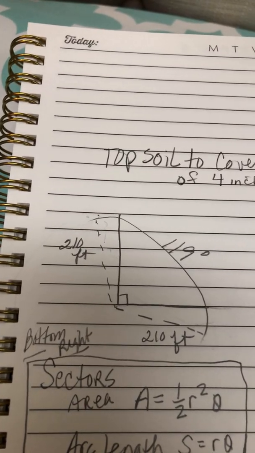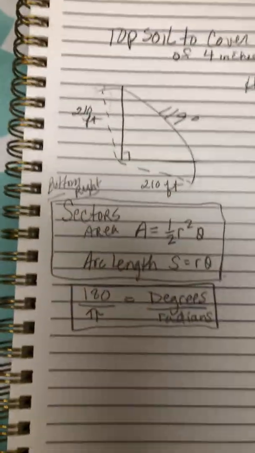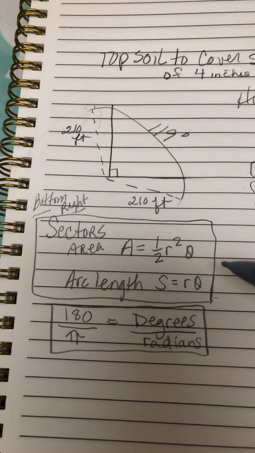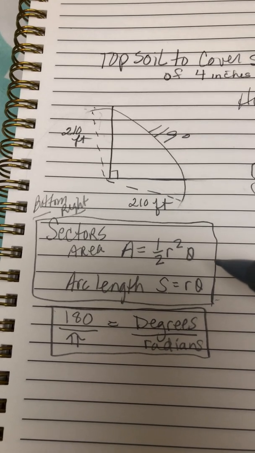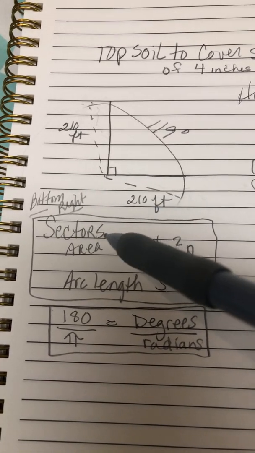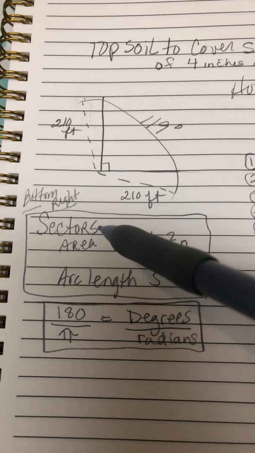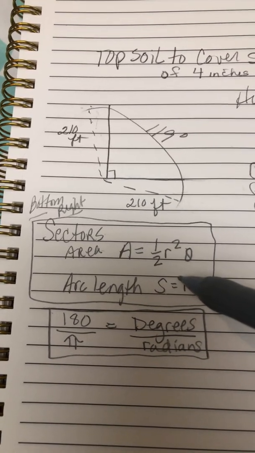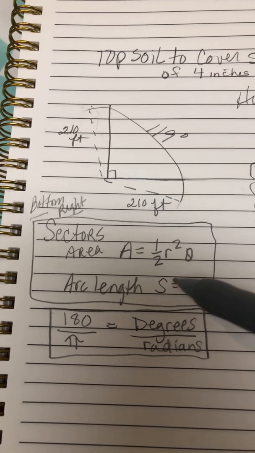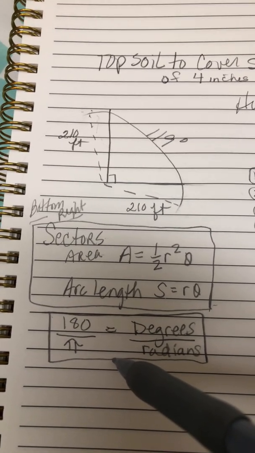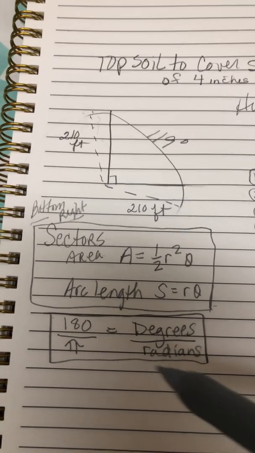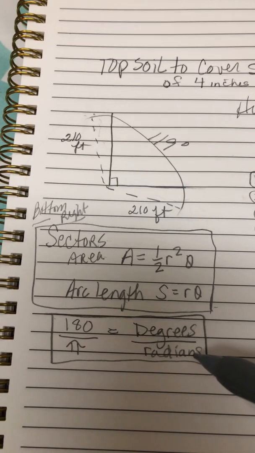Now what we're going to use to work on this, from our formula sheet, we have a section on the bottom right-hand of the blue boxes called sectors. In that section it shows arc length and area, how to find each of those. And just above that, there's another box that talks about how to convert from degrees to radians.